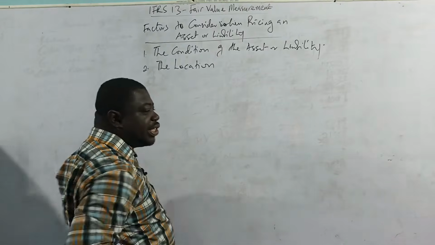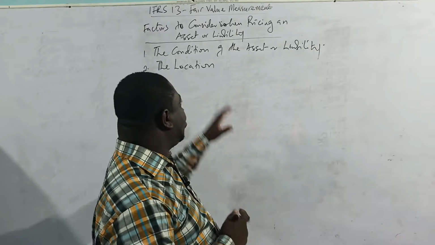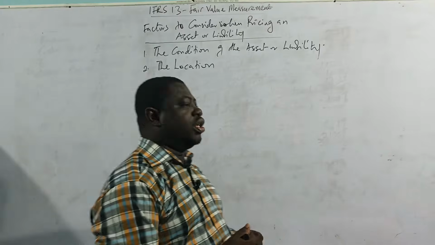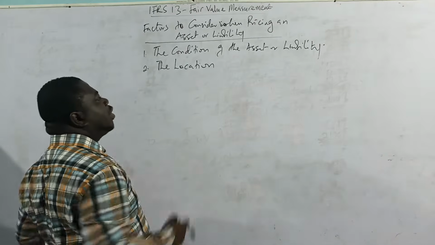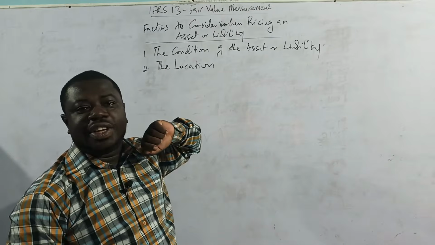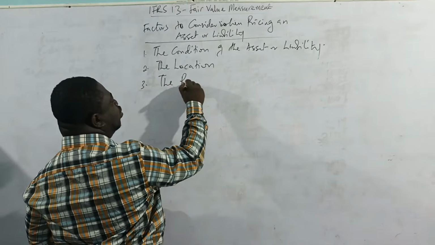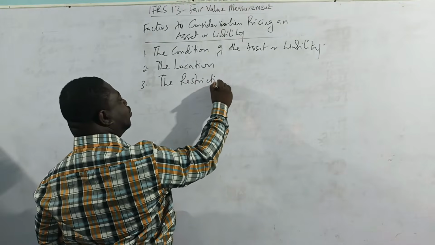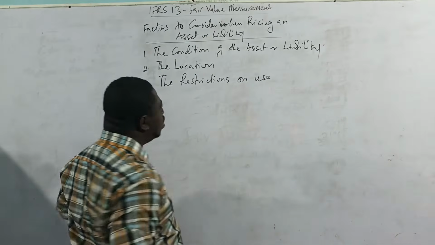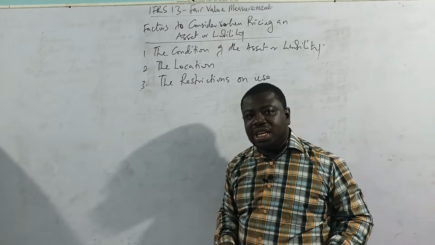Normally, when it comes to location, it's mostly concerned with assets, though the liability could also have a location, I mean, it's arguable, but we are looking at, you consider the condition of the asset or liability, then you consider the location of the asset. Then the final thing is you consider the restrictions on its use. Restrictions on use.